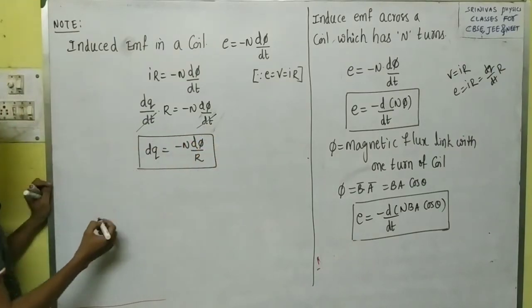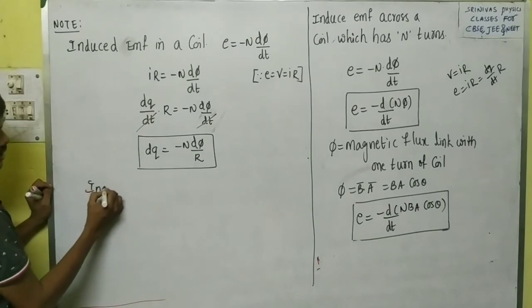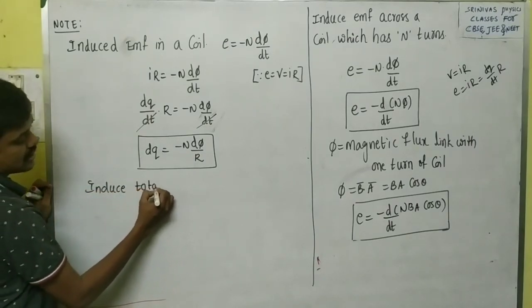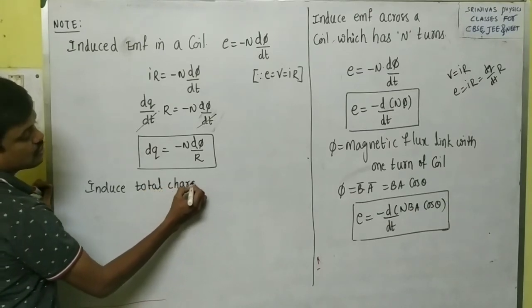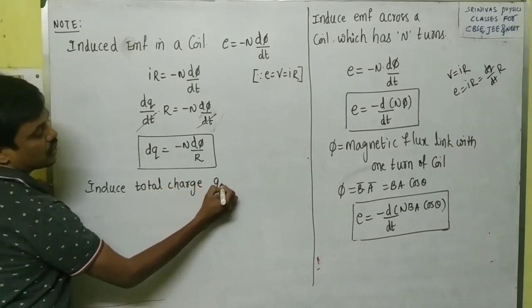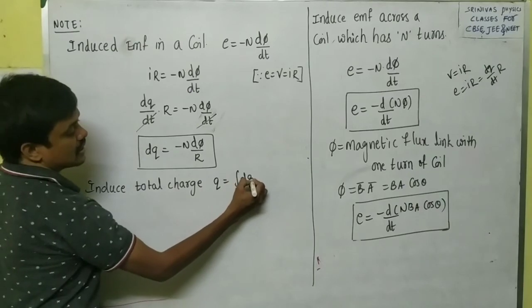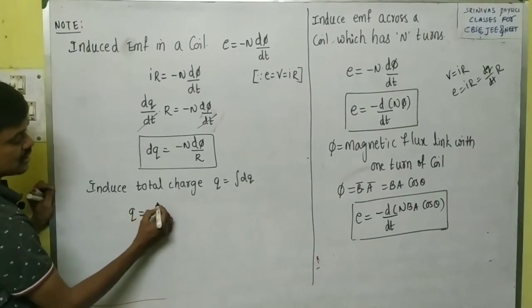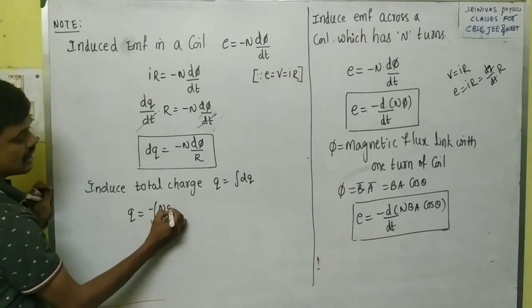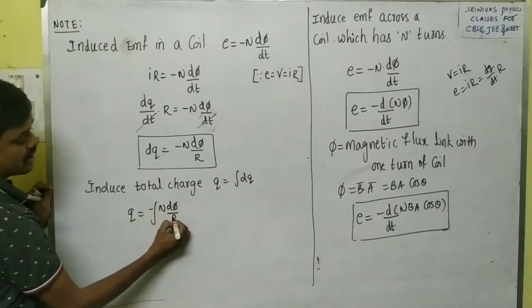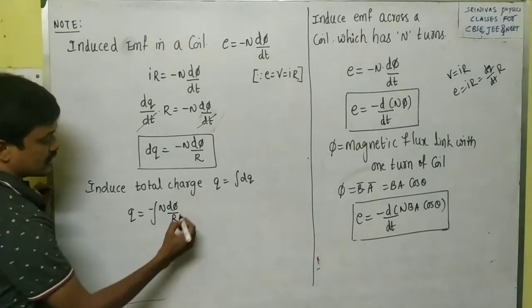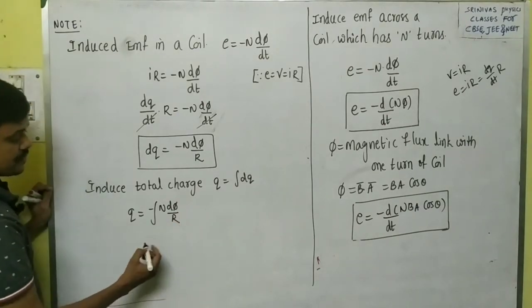If you want the total induced charge, dq means a small amount of charge, so we have to integrate on both sides. Then the induced charge is equal to the integration of minus n d phi by R.